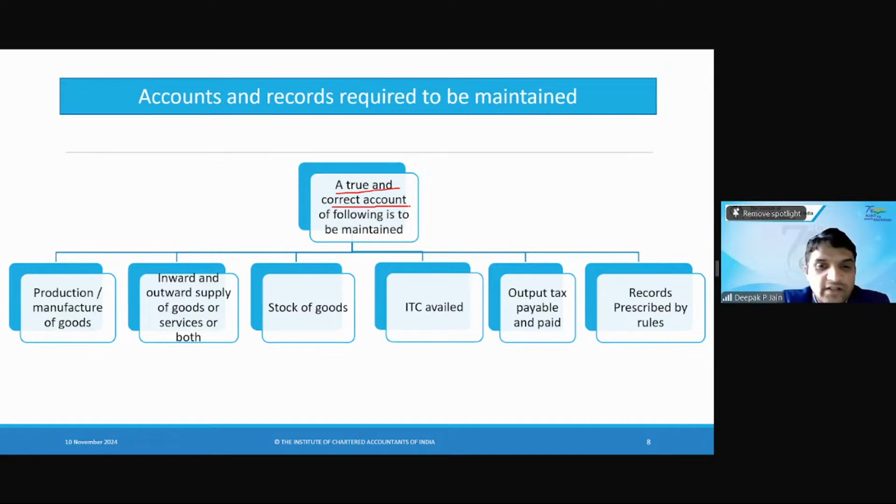Correct. Swati, you have given a correct answer. What are others saying? What do you think is the difference between an accountant and an auditor?